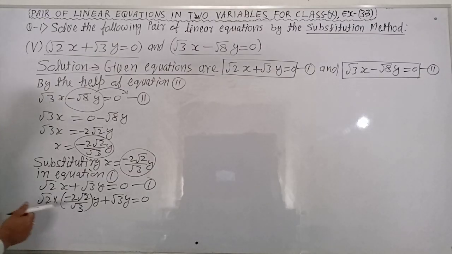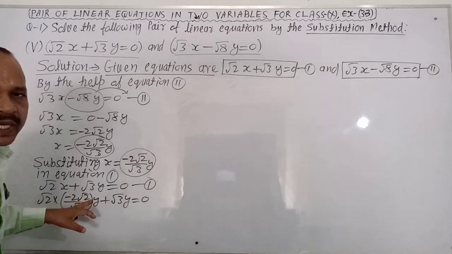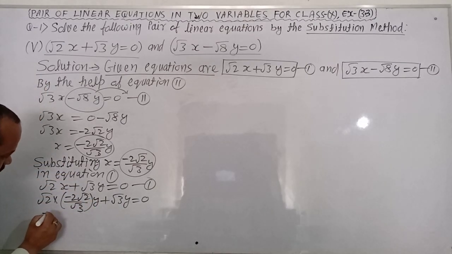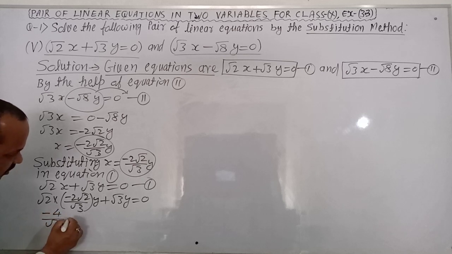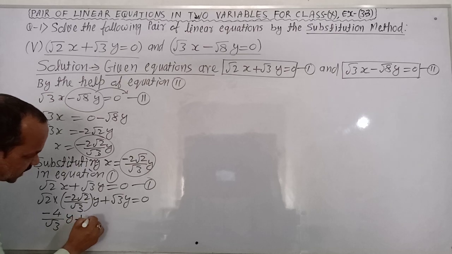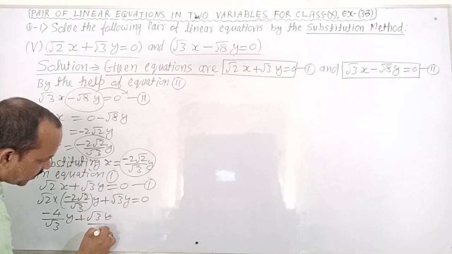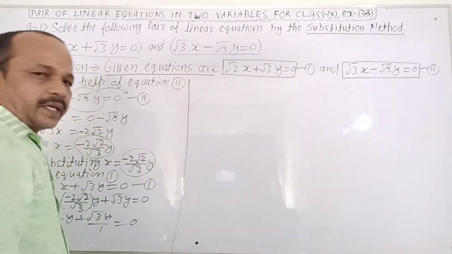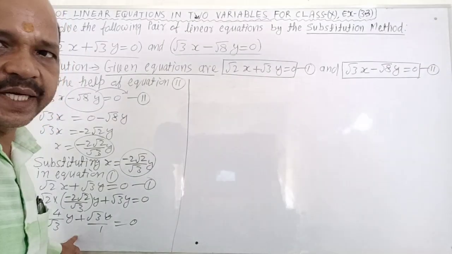Here root 2 multiply root 2 becomes 2. You can write minus 4 upon root 3 y plus root 3 y upon 1 equal to 0. It is clear? No confusion about it?